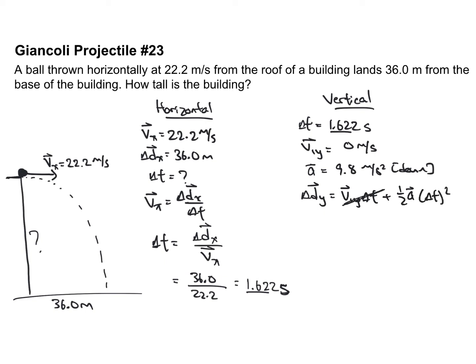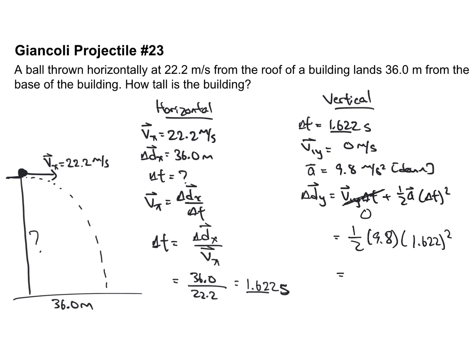This value is 0, the initial velocity. So it's just going to be half times 9.8 times the time 1.622 squared. I have not cleared that time value from my calculator yet, so that's good. I'll leave it there.